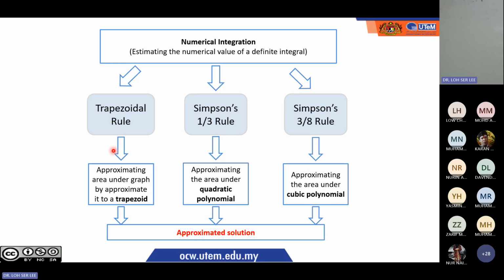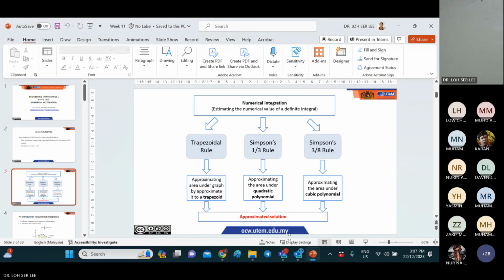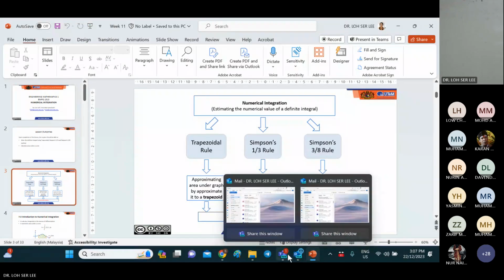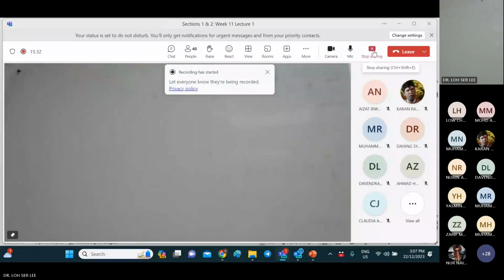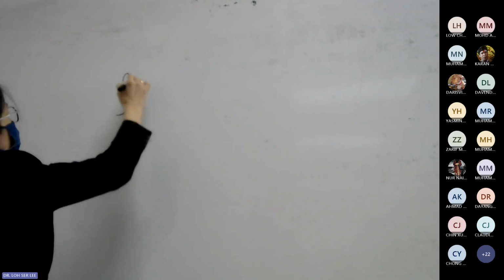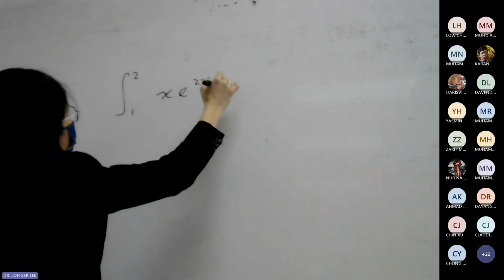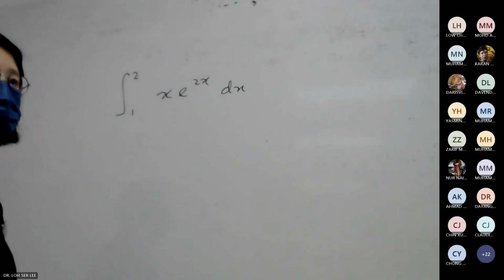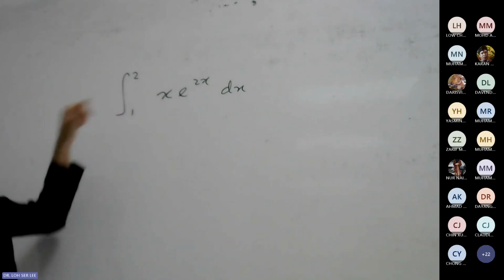The trapezoidal rule works by approximating the area under the graph with a trapezoid. When you are given a definite integral, let's say x e to the x, this is a definite integral.